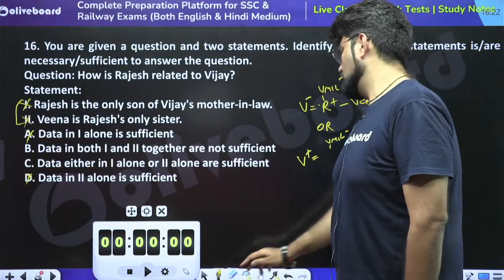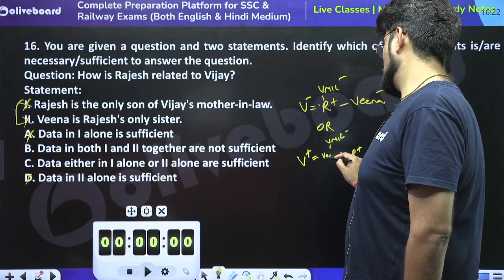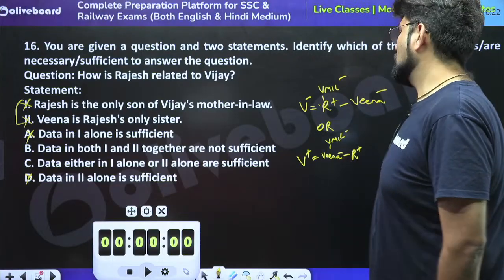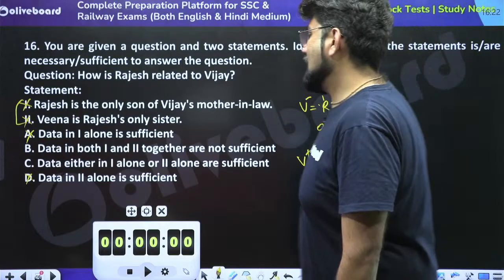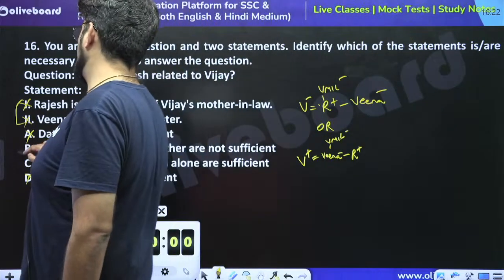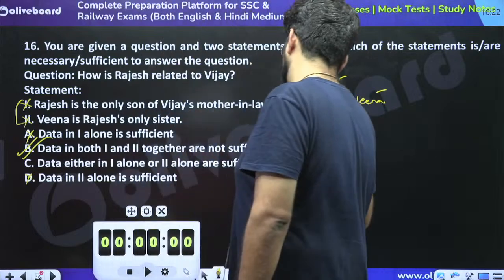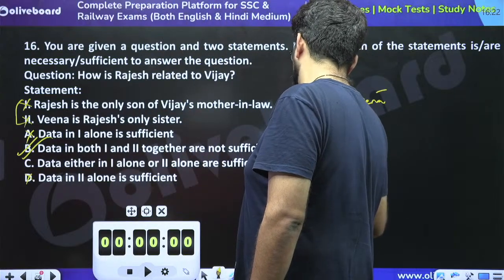So it's still not clear. We are still at the same position. You cannot assume Vijay to be a male. Maybe Vijay is the name of a female also. So data in both 1 and 2 together are not sufficient to answer the question.